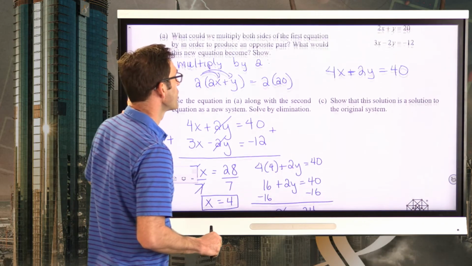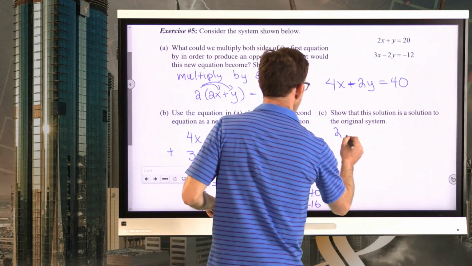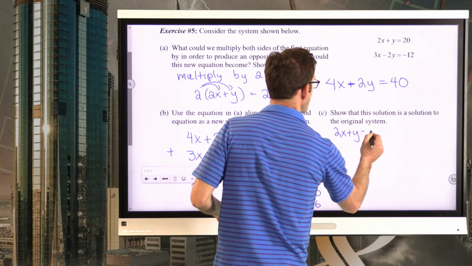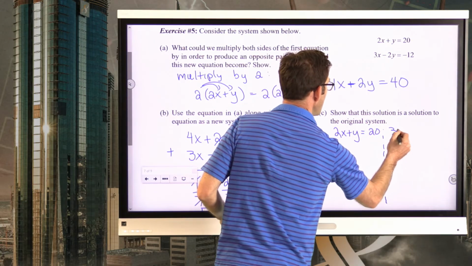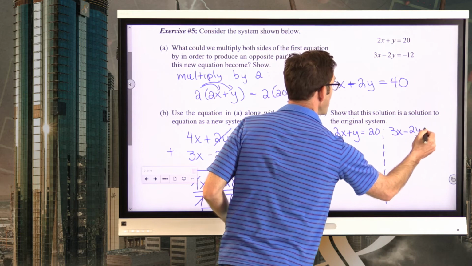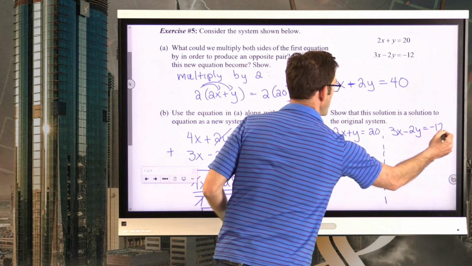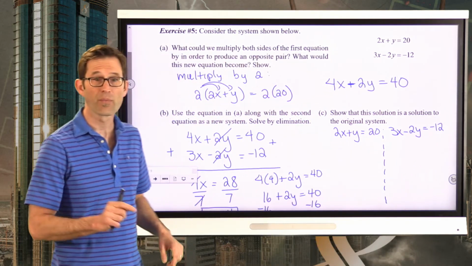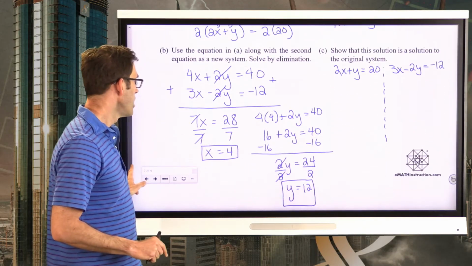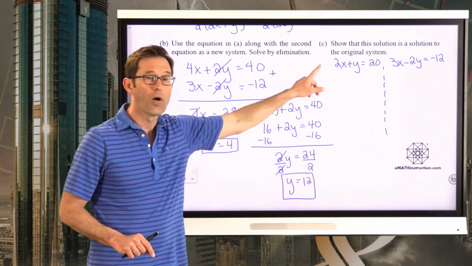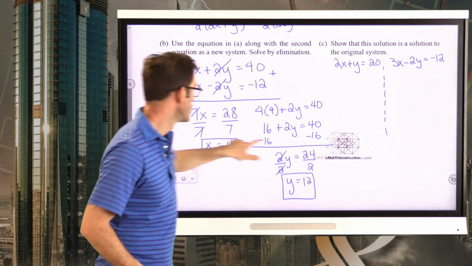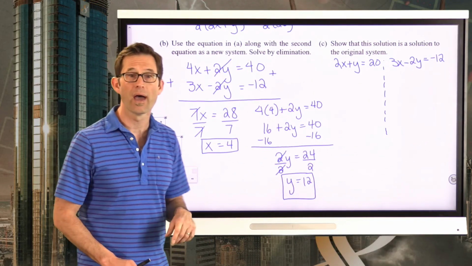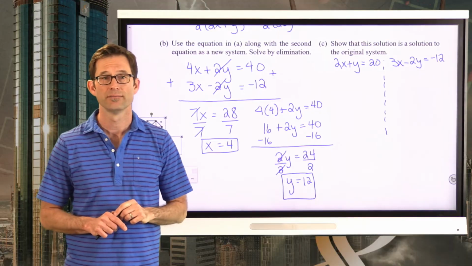And let me write those two equations down. 2x plus y is equal to 20. And 3x minus 2y is equal to negative 12. So what I'd like you to do now, in letter C, is take that 4 and that 12 and make sure it makes both of the original equations true. Pause the video now and do that check.